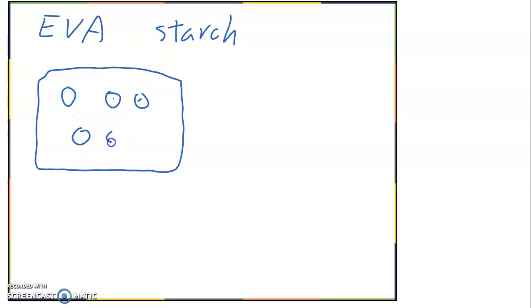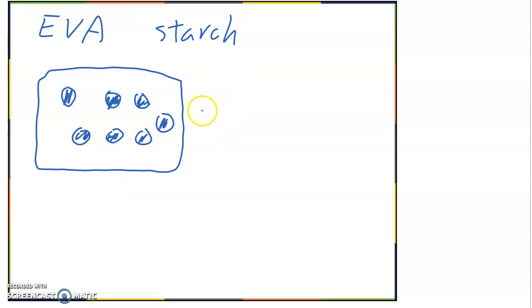So here is the hypothesis. By including the starch, these are the starch particles inside this plastic, it's going to make the whole plastic composite denser. That means higher density. So that is the hypothesis.